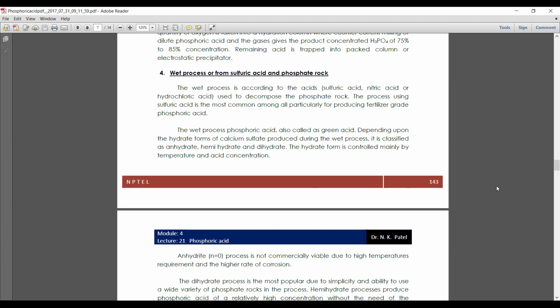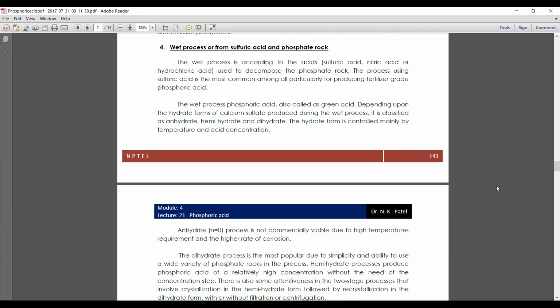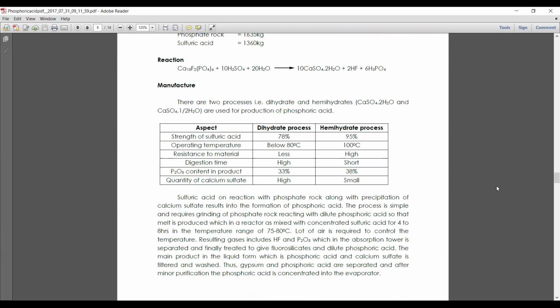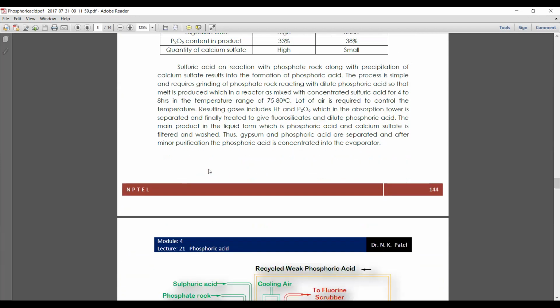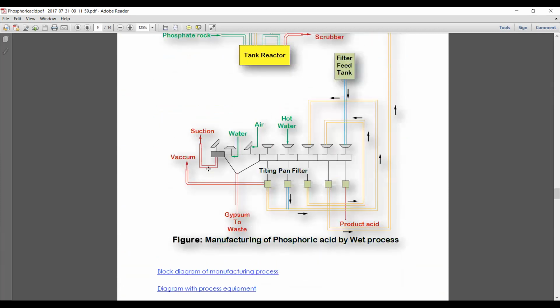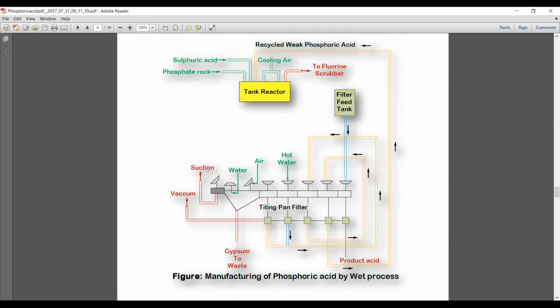Then the wet process, or from sulfuric acid and phosphate rock. So there are two processes like dihydrate and hemihydrate for producing phosphoric acid using this wet process. So if you see, this is a PFD. So here, what are you going to administer inside?